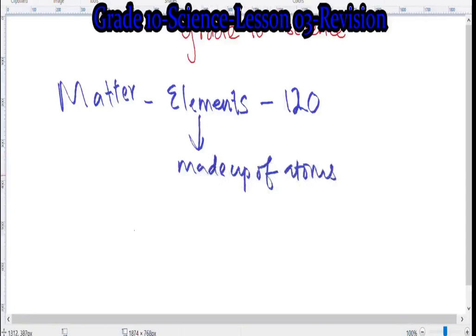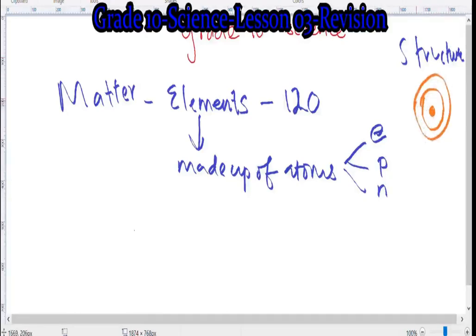So atoms are tiny particles which can be divided into three other subatomic particles known as electrons, protons and neutrons. And then we saw the structure of an atom, right? So when you talk about the structure, you have the nucleus, and then you have orbits around it.